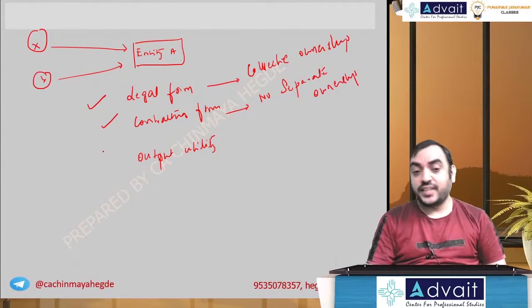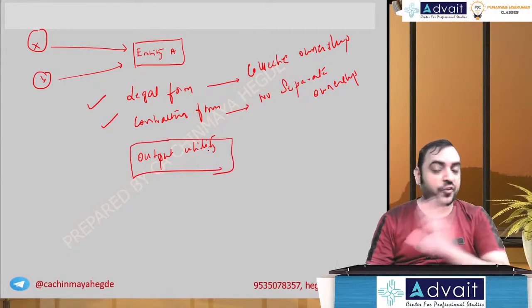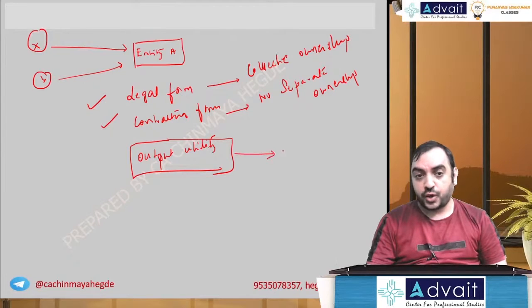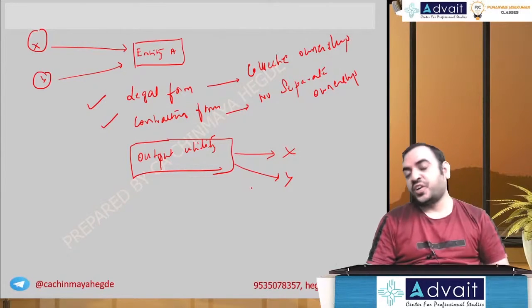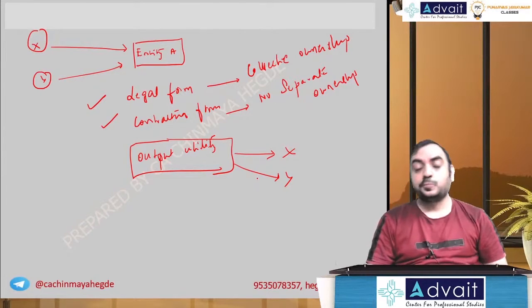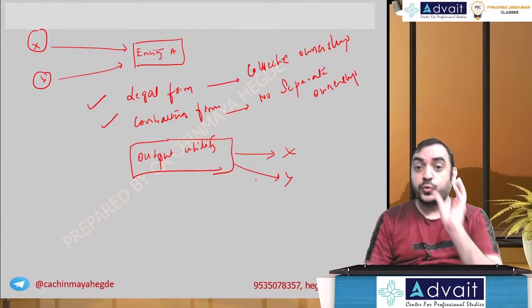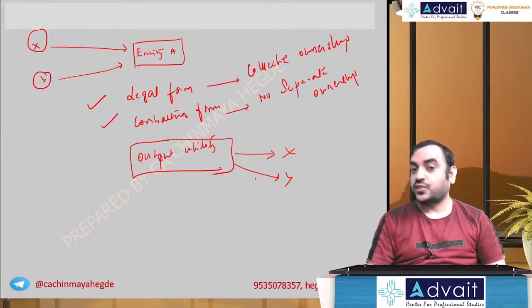Now, how is the output dealt with? The output is not for outsiders. Output is for X only and output is for Y only. Even if they want to sell to outsiders, it will be with the decision of X and Y together, and that is also very minimal and to recover the cost.